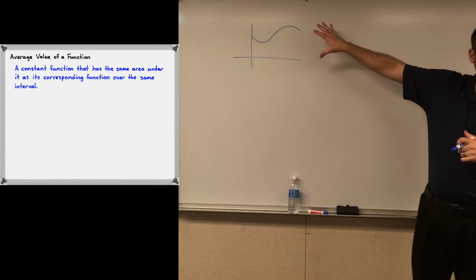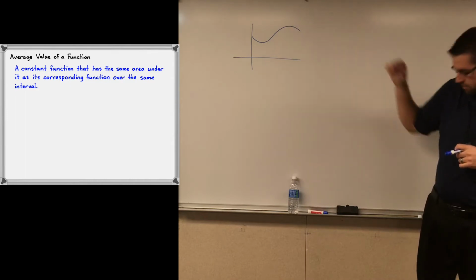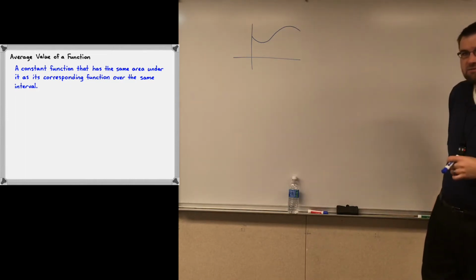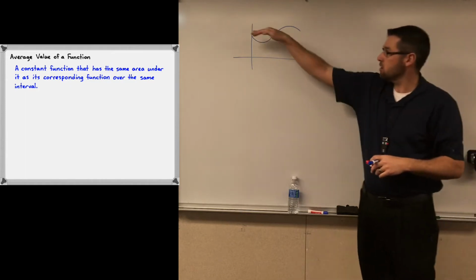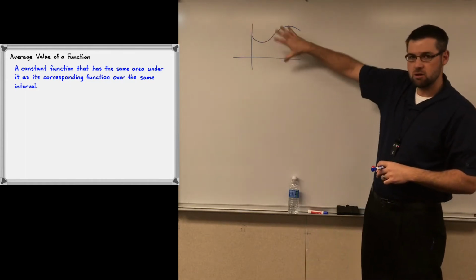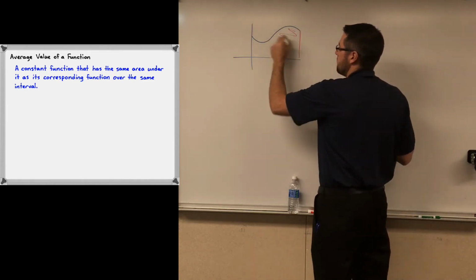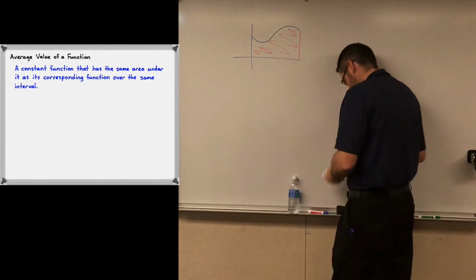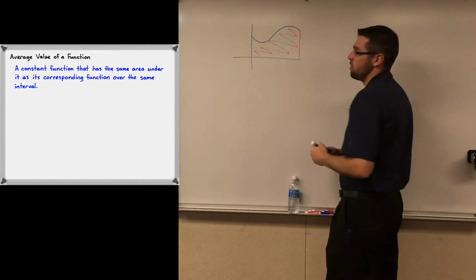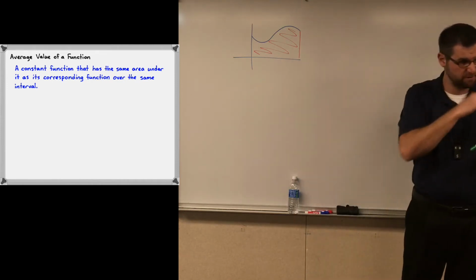The average value of this curve on the whiteboard would be a constant value where the area under this curve, we'll just shade it in red, has to equal the area under the constant. So where would I put the constant value?